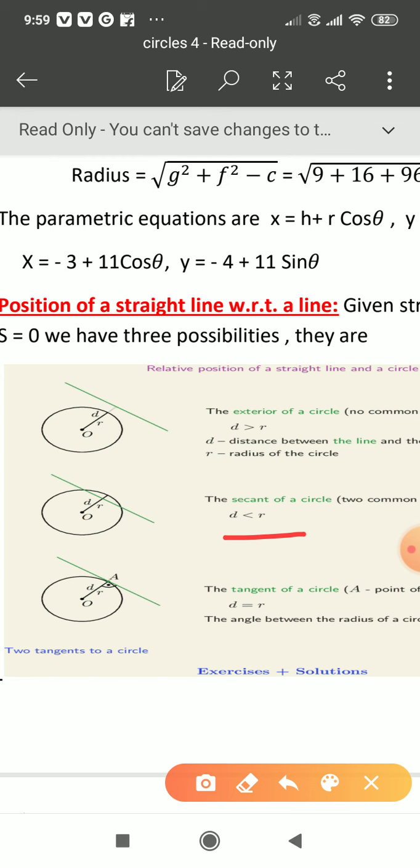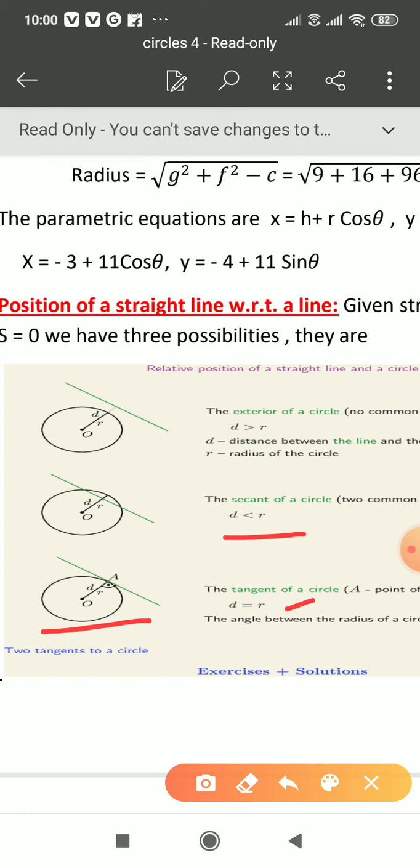Now, a very important position, very important in our intermediate, that is the third position. Observe, here the distance from the center to the line is clearly equal to the radius. Also there is one and only one common point between the circle and line.